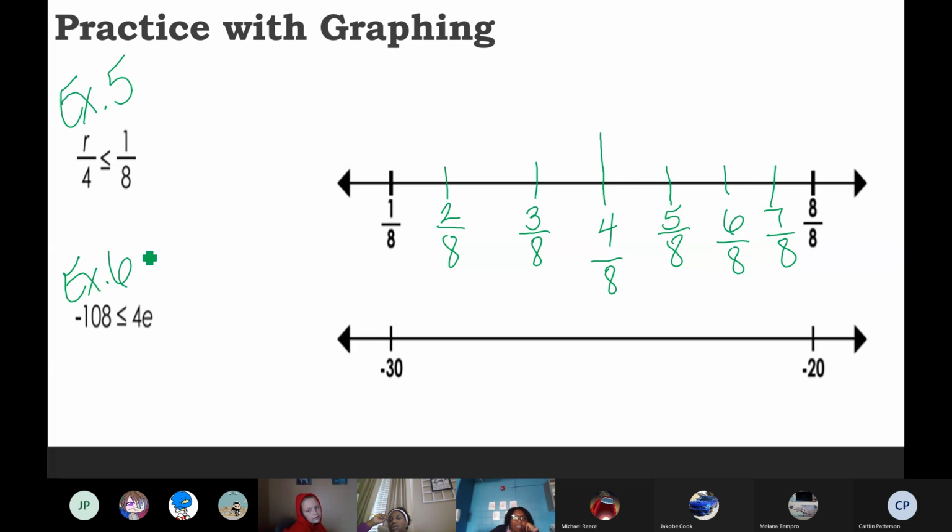What we see here is it says r over 4 is less than or equal to 1/8. There's some stuff we've got to do here. So r over 4. What operation is happening between r and 4 right now?